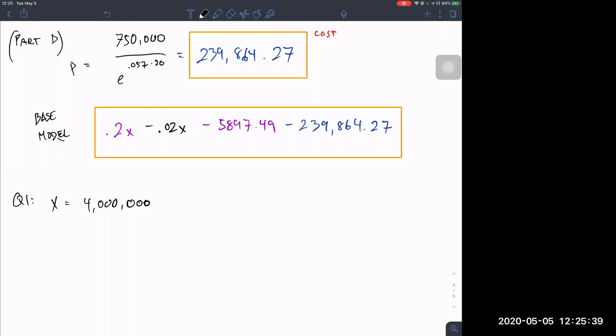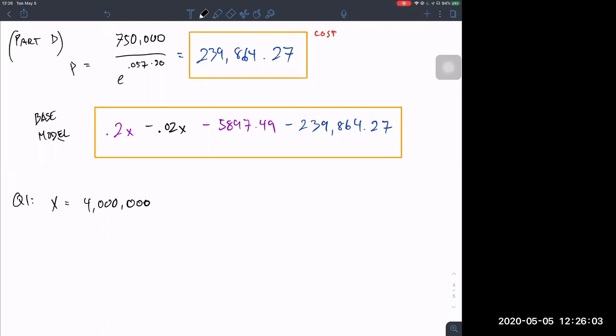What do we do with this 4 million? Do you plug it into the X? Into the base model? Correct. For every single X you see, you plug in 4 million and you calculate it. And that'll give you the outcome.